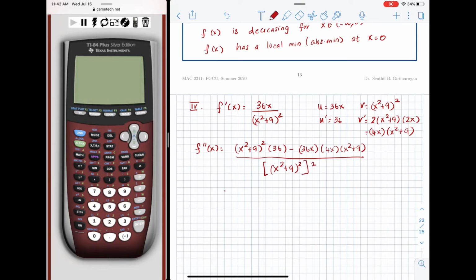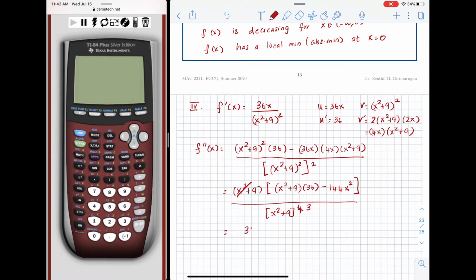I have an x squared plus 9 in common in the numerator. If I pull that out, I have (x squared plus 9) times 36 minus 144 x squared, divided by (x squared plus 9) to the fourth. Cancel those two.